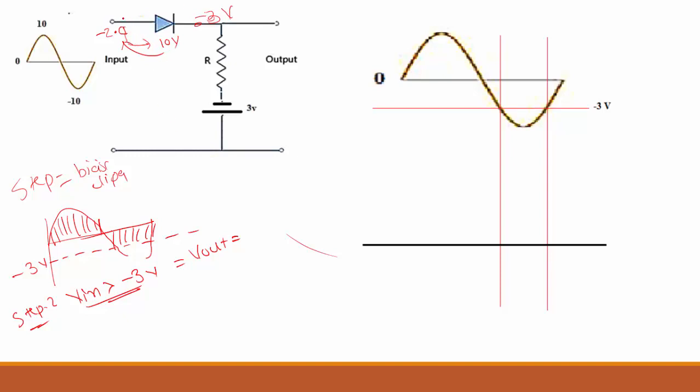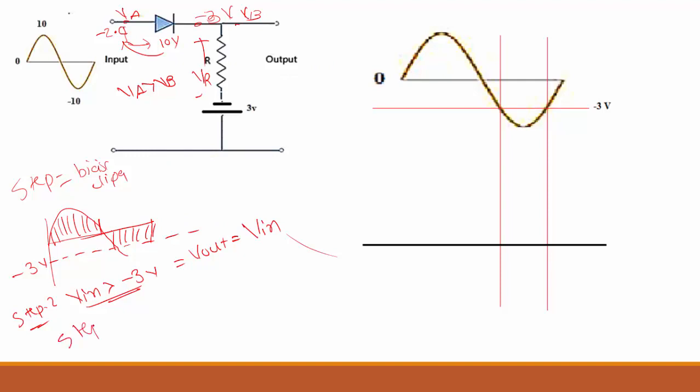The diode will remain in forward bias, because let's suppose this one is VA and this one is VB. So VA is greater than VB, the diode remains in forward bias. Again there is some drop over here, the VR and the battery terminal. What is the output you will get? The output is the same as V in.